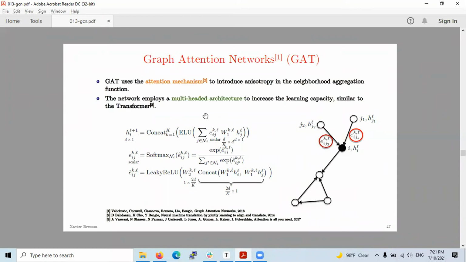This is something similar to the transformers that we have been studying in the previous lectures. Again, this is a way of introducing and learning the features of the nodes and edges of the graph, and the weights of the convolution operation itself. So there is a graph attention network as well.